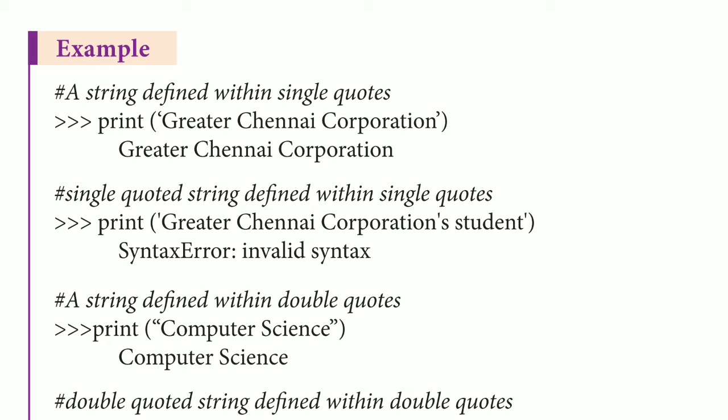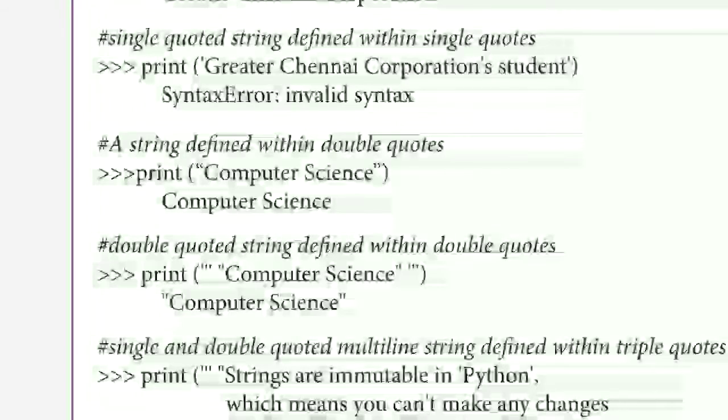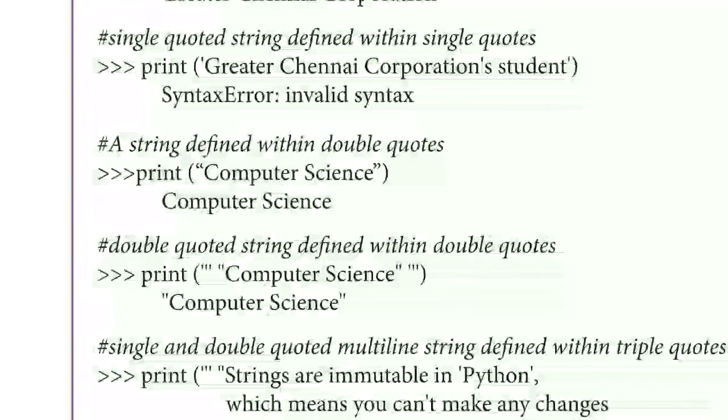There is some conflict between the compiler and this string, so it shows a syntax error, invalid syntax. Next, with the double quoted value, computer science is given in double quotes, so there is no problem. It is printed as it is.